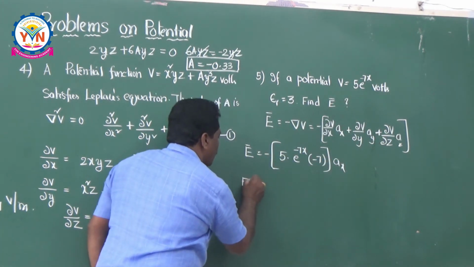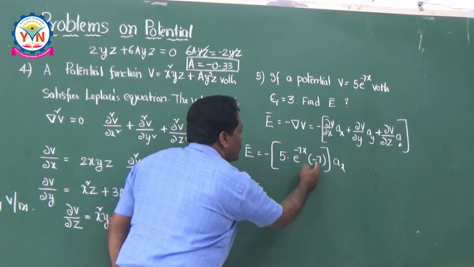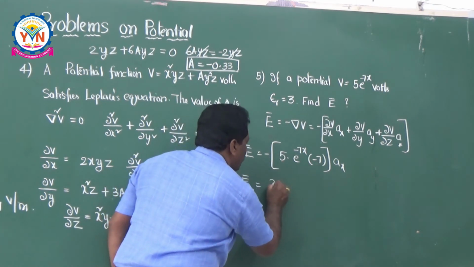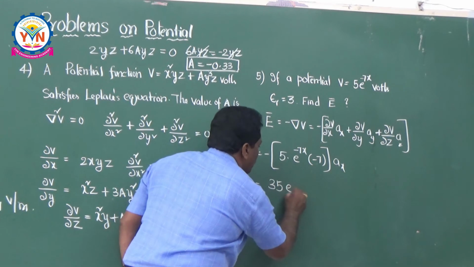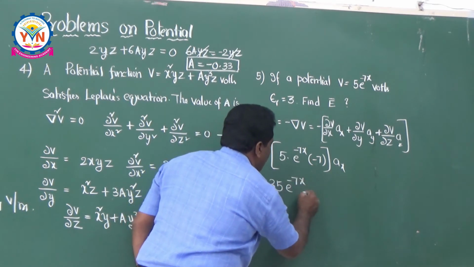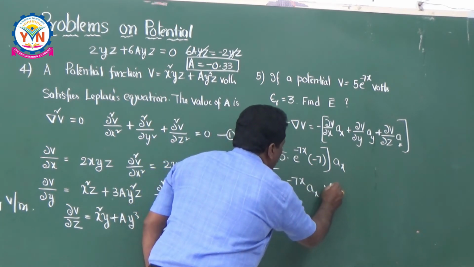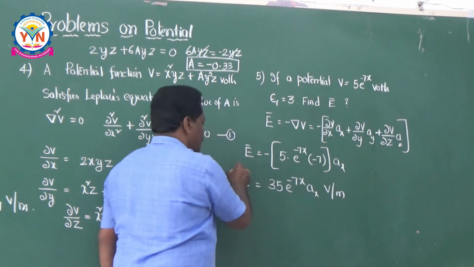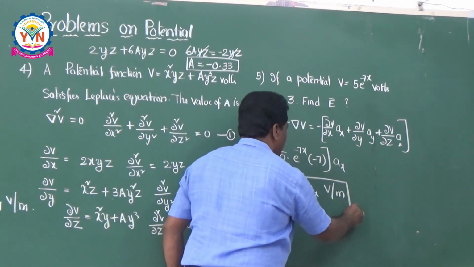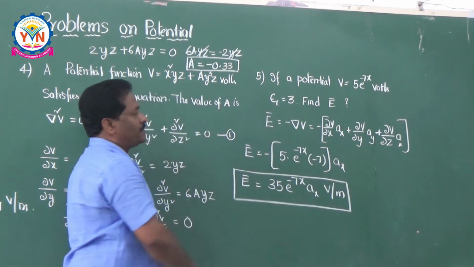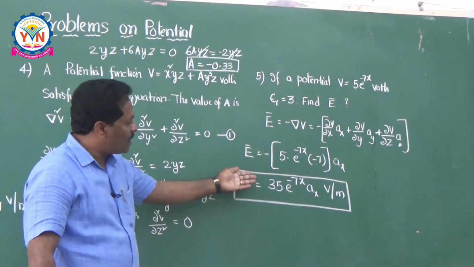Therefore, E bar is equal to minus of minus becomes plus, 7 into 5, 35. 35 into e to the power of minus 7x into Ax volt per meter. So this is the value of your electric field intensity. So I think you got this.